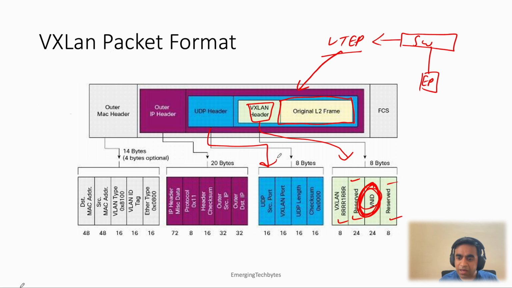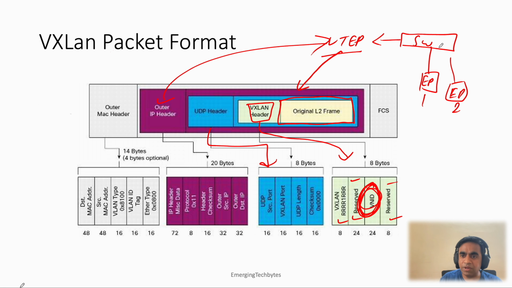But if I'm encapsulating it, this address will be that of this VTEP. That means there is this endpoint 1, there can be another endpoint here, and even though they have different IP addresses, they will get encapsulated into the same VTEP IP address.